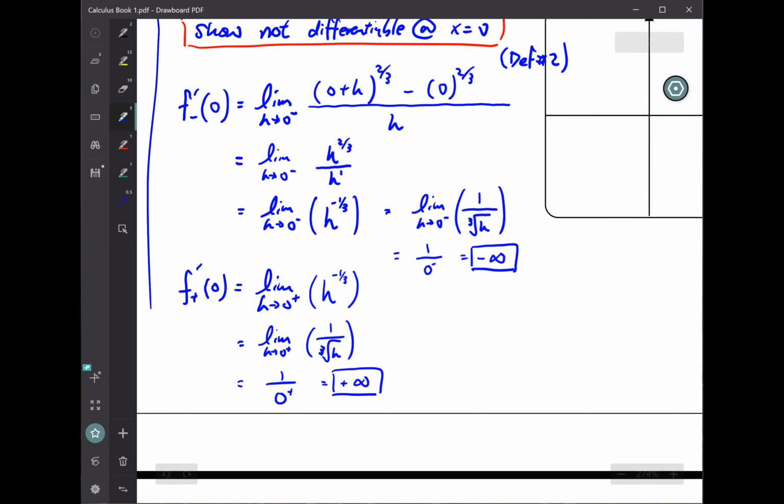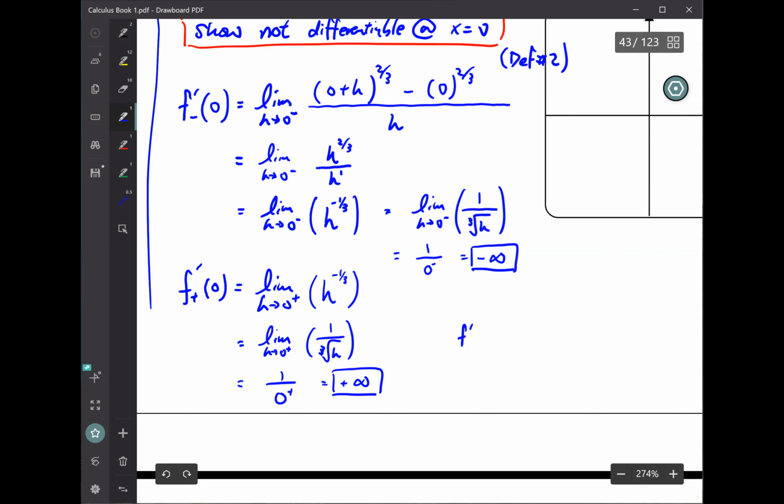So once again, the left derivative and the right derivative don't match. Even if they both matched, even if they were both positive infinity, it's still not differentiable, because it's not a number. In order for the limit to exist, it has to be a number. So you know right away it's not differentiable.